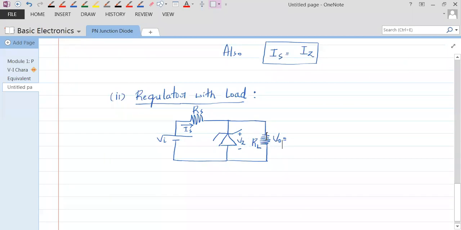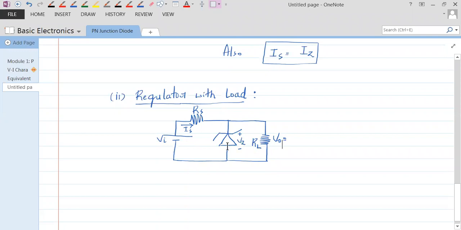If I say across RL V naught is there, can you tell me what this V naught is equal to? Anybody? This RL is in parallel with this Zener diode. The Zener diode is connected in such a way that the load comes in parallel with it.